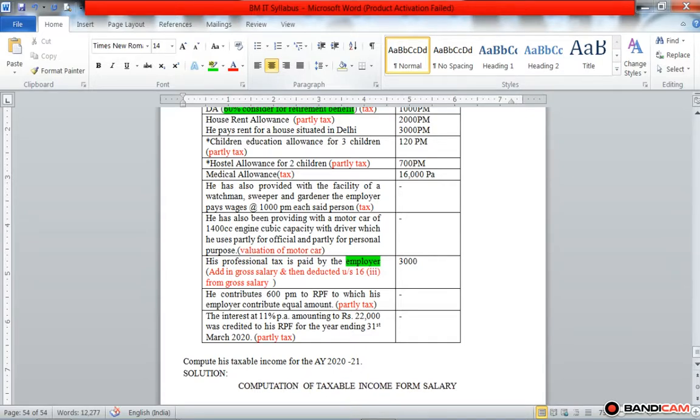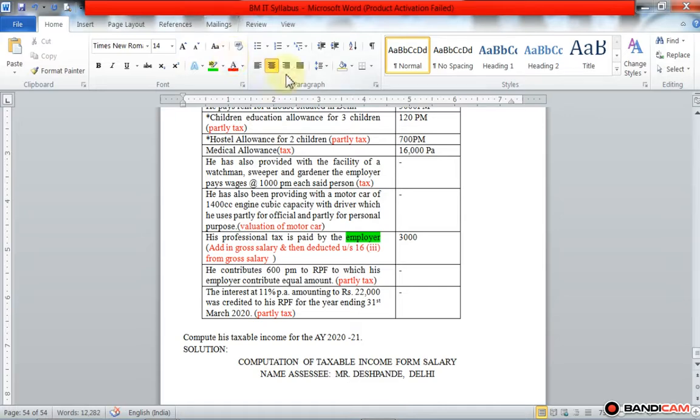The name of the assessee is given, Mr. Deshpande, who worked at Delhi.